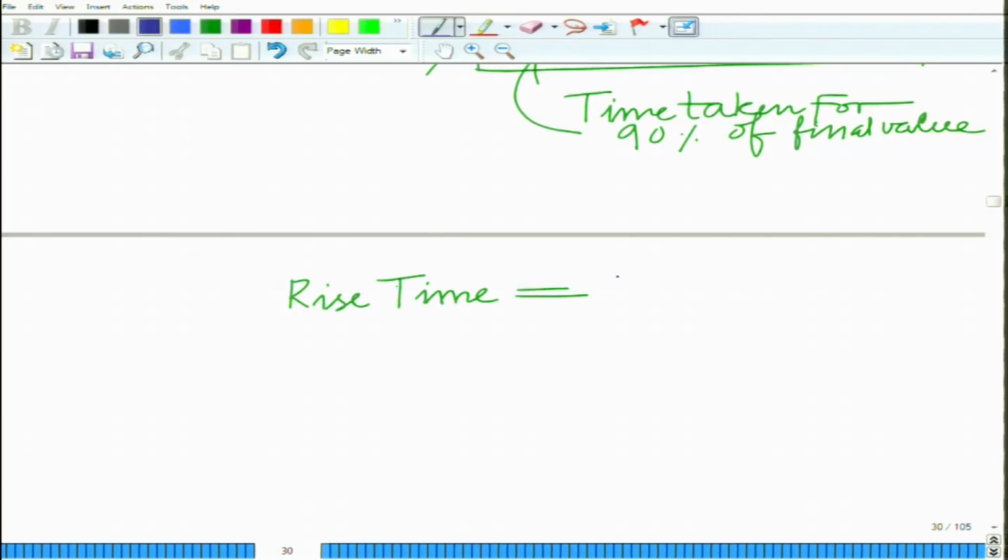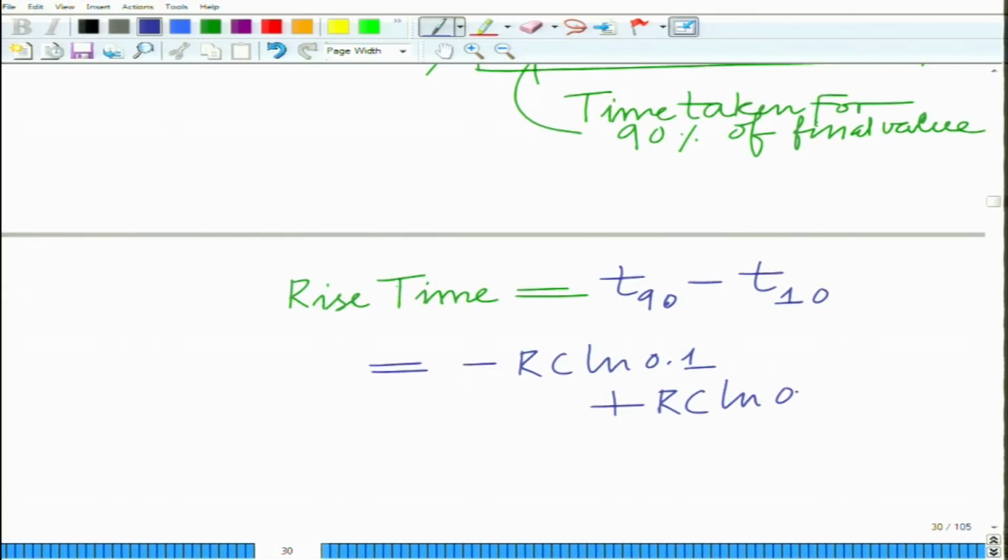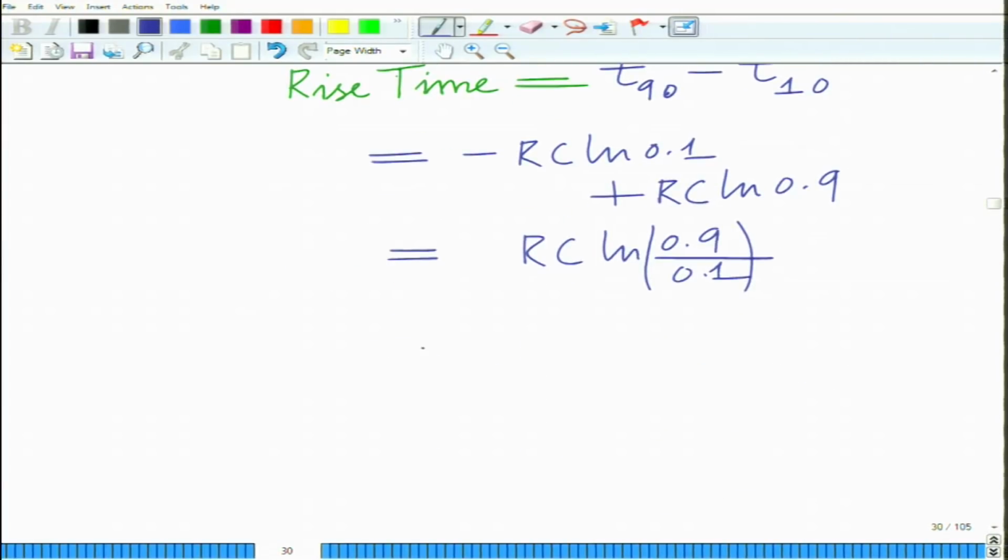So, that is basically T90 minus T10, which is minus RC log natural 0.1 plus RC log natural 0.9, which is basically RC log natural of 0.9 divided by 0.1. The log natural is the log to the base e.